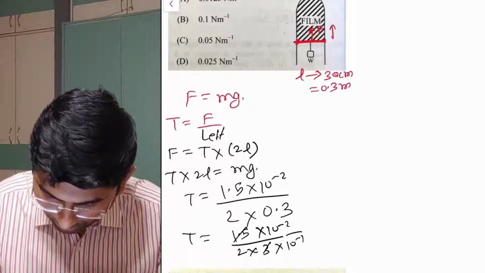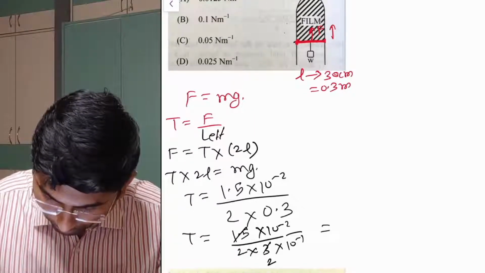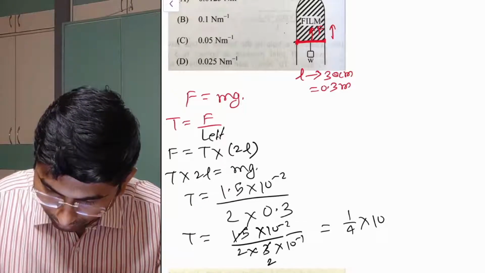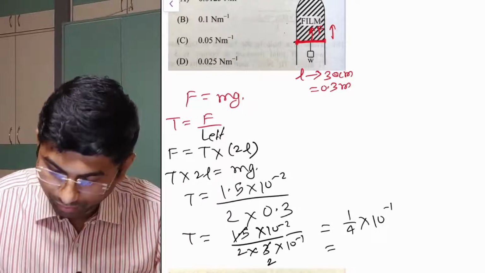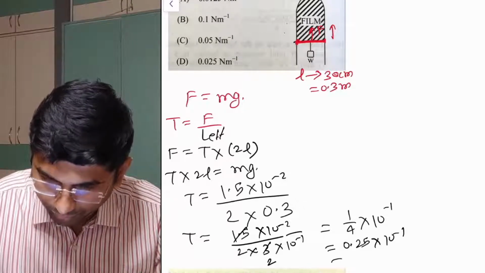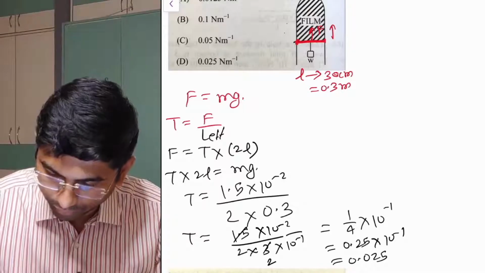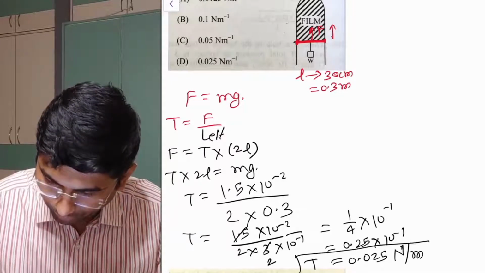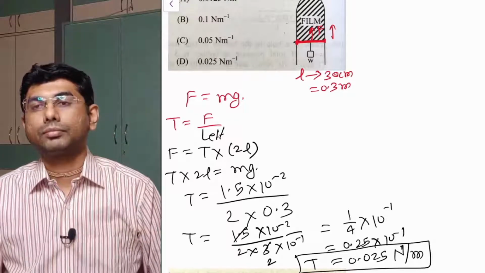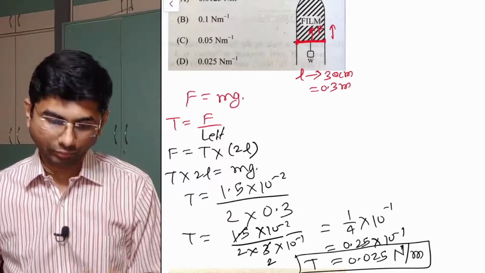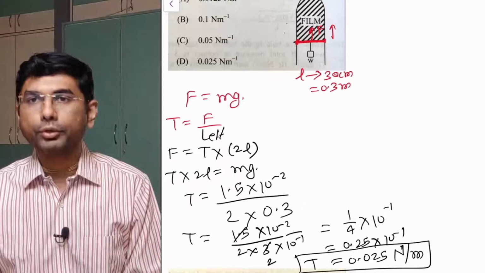This is going to be 1 by 4 into 10 to the power minus 1. That is equal to 0.25 into 10 to the power minus 1, that is equal to 0.025 Newton per meter. That's the value of tension. Okay, we'll go to the next question.